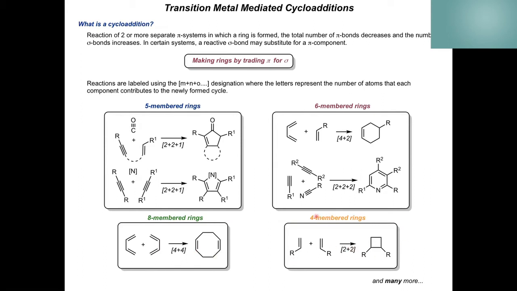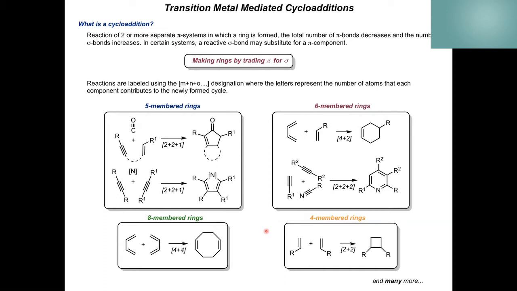And probably with a lot of bias, my favorite area is making those 4-membered rings in 2 plus 2s. Being a square myself, I have great love for other squares, both chemically and in people. So if you feel similarly, thank you for being on Team Square.